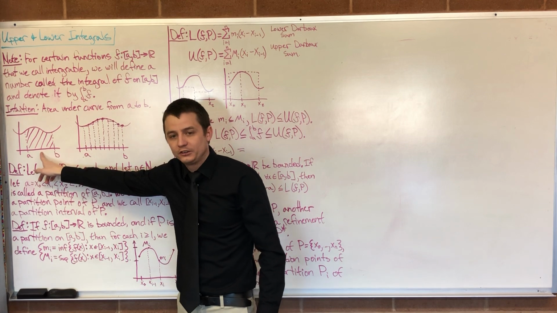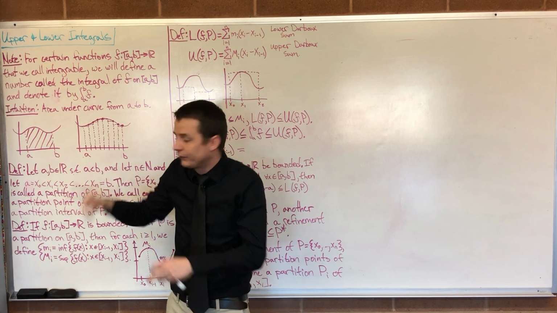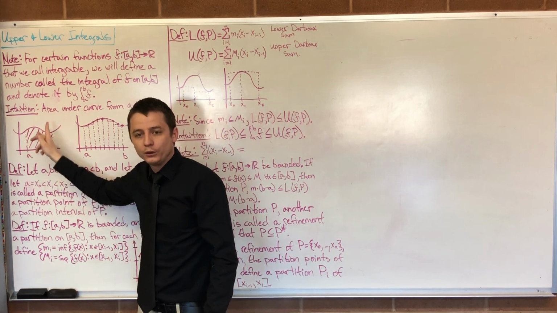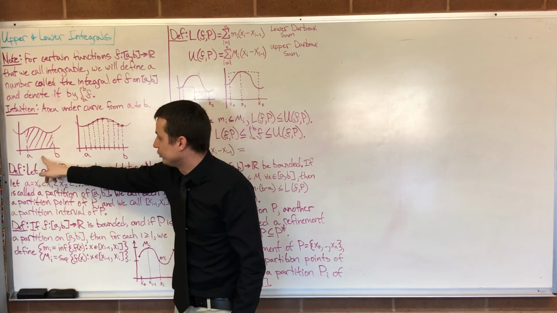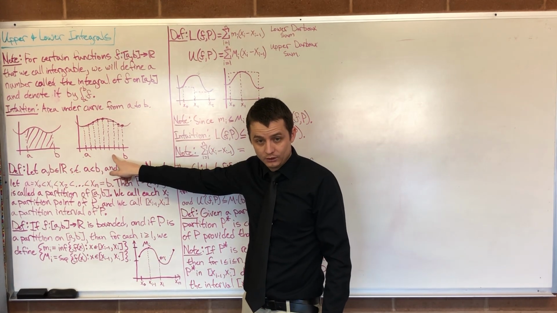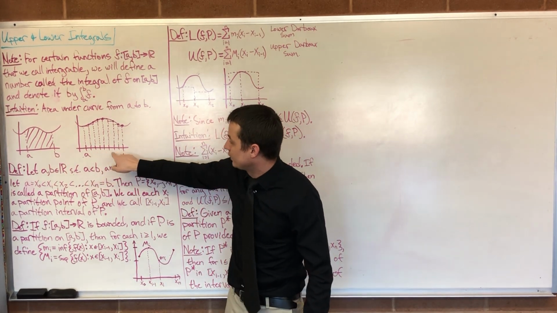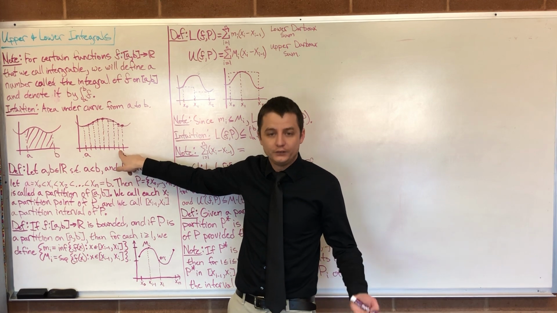If I gave you this, and I said try to figure out what the area is, assuming you knew the function, so you can figure out the height at any point you wanted. And if I told you to give me the area under this curve, you might do something like this, right? You don't know how to calculate the area of this, but if you made a bunch of little rectangles here, you know how to calculate the area of each of those rectangles.